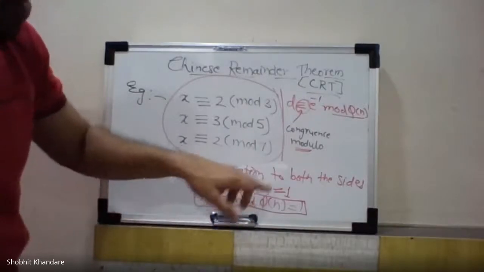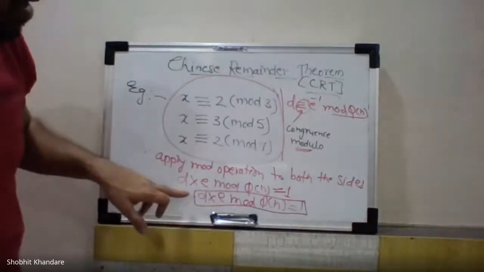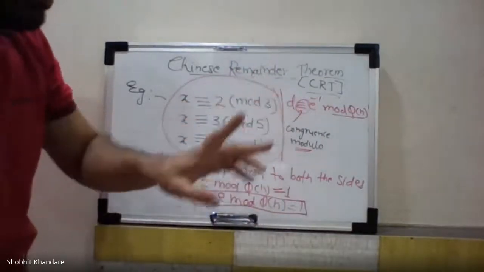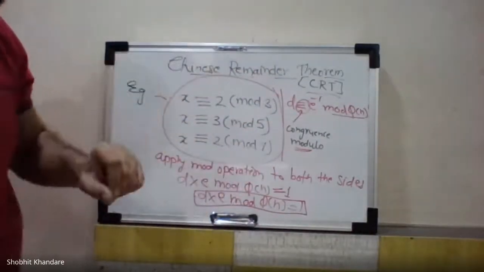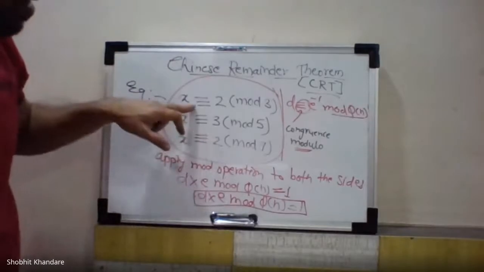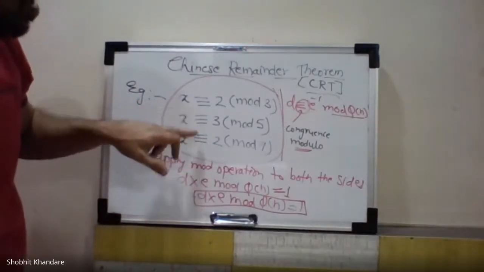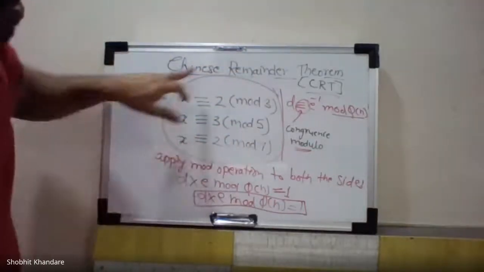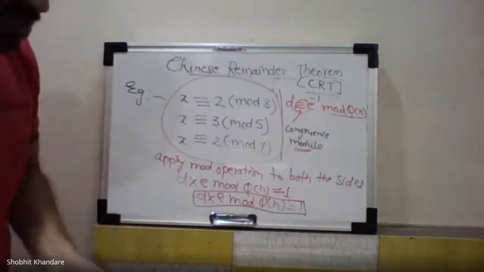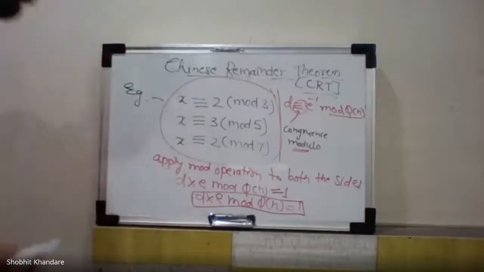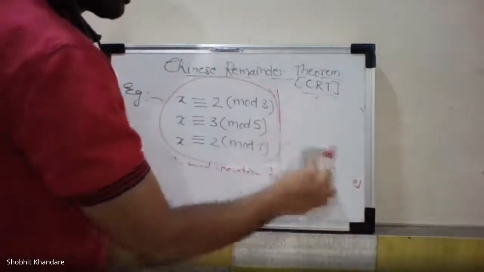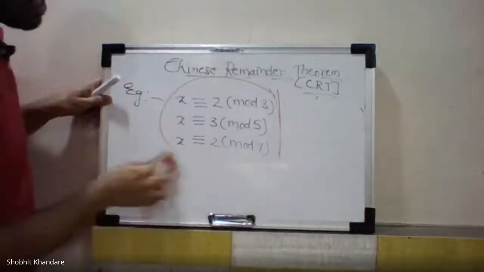And when you multiply both the sides with mod function, it is d into e mod of phi of n is equal to 1, which we have already implemented in the RSA algorithm to find the value of d. Now we'll see the significance of congruence and what is the actual example, or what is the meaning of this problem. Then it will be more clear.